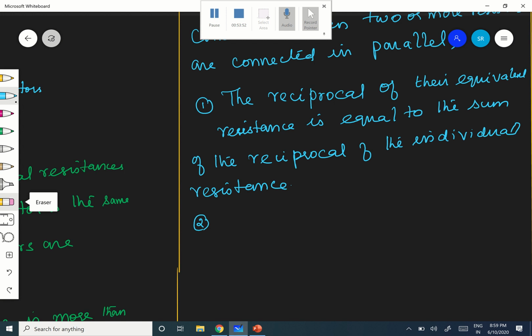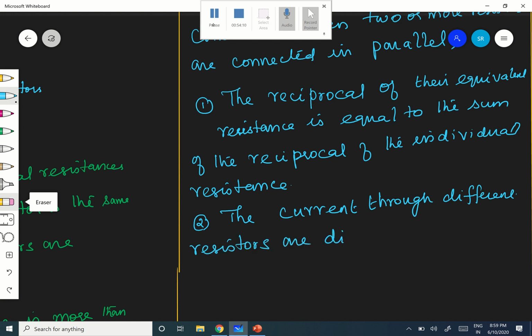Number 2: the current through different resistors is different. Then the third one: the potential difference across each resistor is the same. Correct?